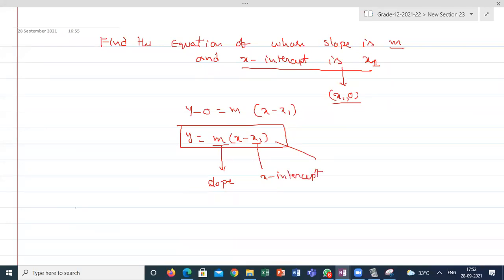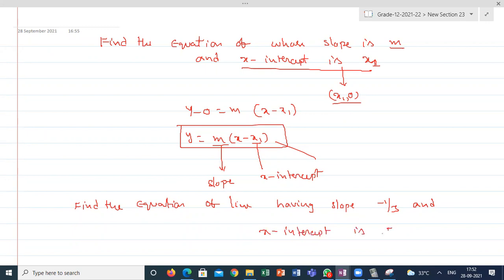Suppose I'm asking, find the equation of line having slope minus 1 by 3 and x-intercept is 5.